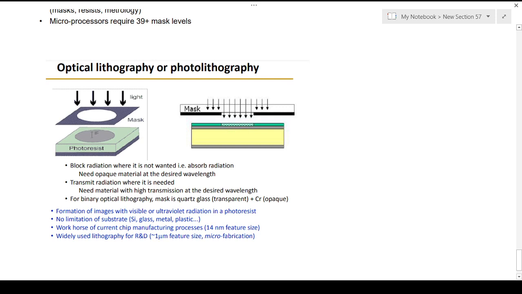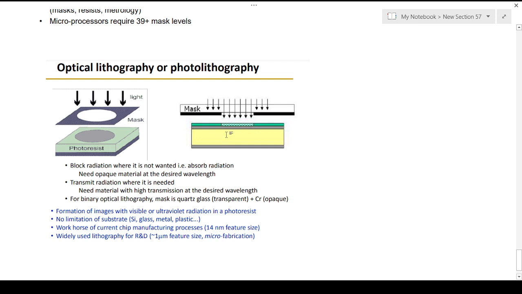Here we have a photoresist, and over the photoresist we have a mask. Now we induce light. The light will come only on this portion, the black portion. The other portion, since we have a mask, will have no light. So we get exactly the pattern over that spot only.